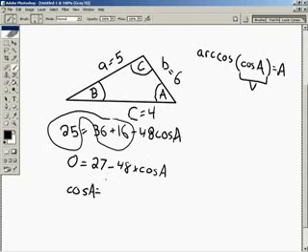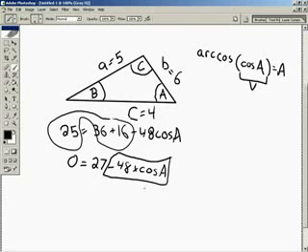Okay, so instead maybe we should do this in 2 steps. We have something involving cosine of A and something without cosine of A, right? How about if we try to get the stuff with cosine of A onto one side of the equation and the stuff without it onto the other? How would we do that?